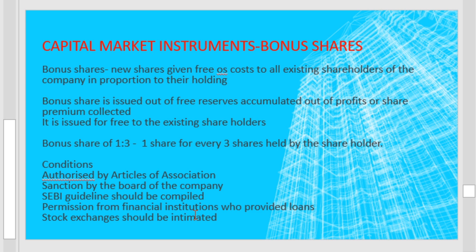Next, if the company has taken any loan from financial institutions, it must get permission from them. It must also be intimated to the stock exchange. Then only the bonus shares can be issued. These are the shares issued to the existing shareholders free of cost.